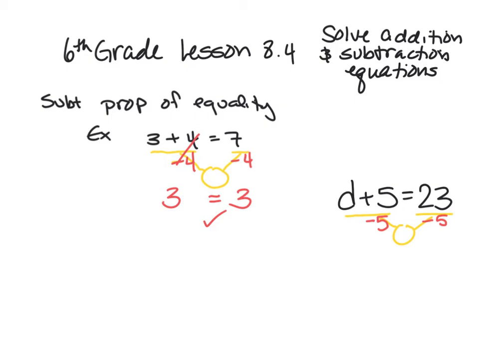Okay, then plus 5 minus 5 cancels out, so it would end up being d plus 0, which of course you know, anything plus 0 is just itself, identity property of addition. And then 23 minus 5 would give me 18. So I can isolate the variable and find out what the value of it is as long as I have enough information. And so this property allows us to work those numbers so that they work for us.